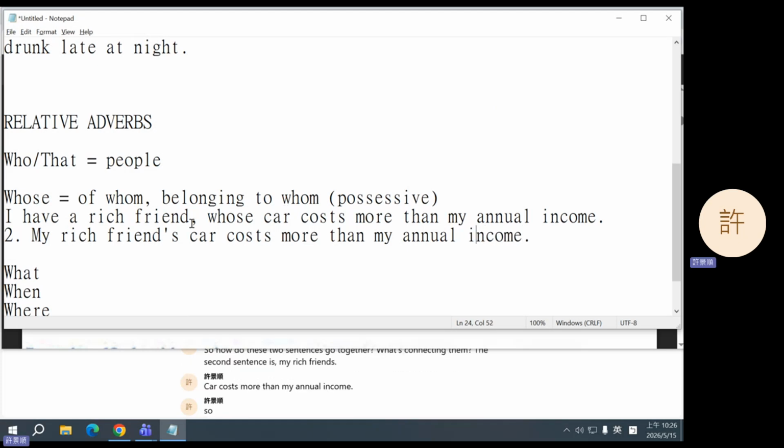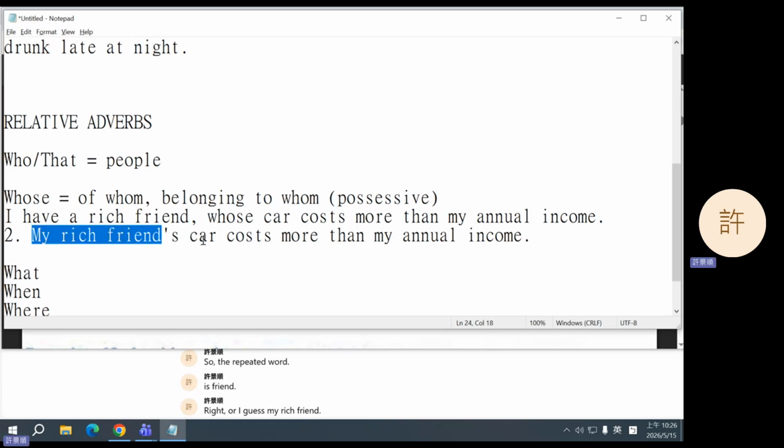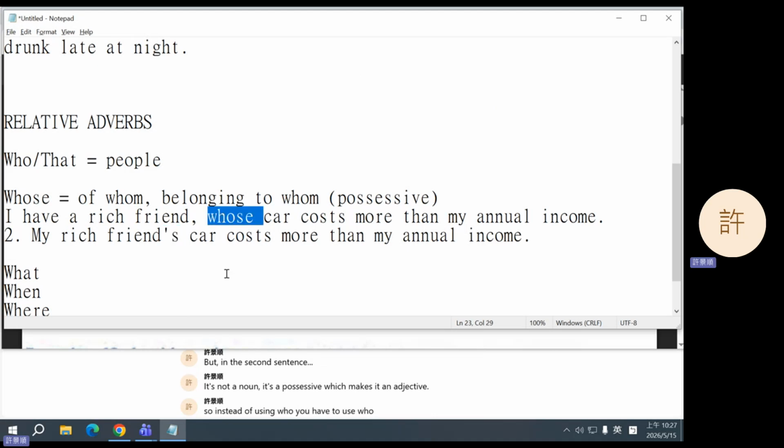So the repeated word is friend, right? Or I guess my rich friend. But in the second sentence, it's not a noun, it's a possessive, which makes it an adjective. So instead of using who, you have to use whose. This is possessive. This is belonging to. This is of whom. The car of my rich friend, basically.